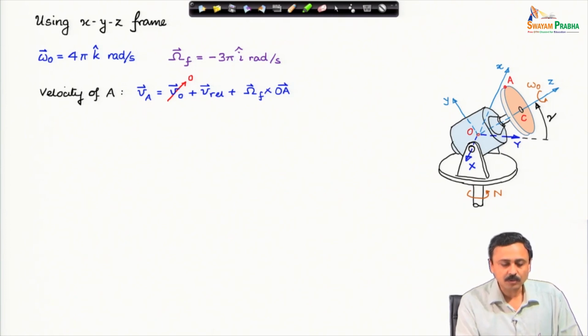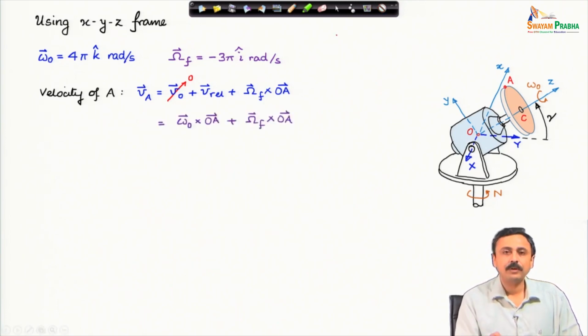Now, let us talk about the velocity of point A, which is the second part of the problem. We have to find the velocity of point A and the acceleration of point A. Velocity of point A I can express in terms of a convenient point, which is O. Velocity of point A is velocity of O plus V rel plus omega frame cross OA. Now, I just write down these vectors in terms of what is given.